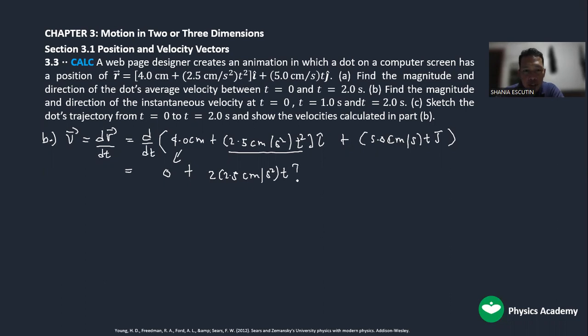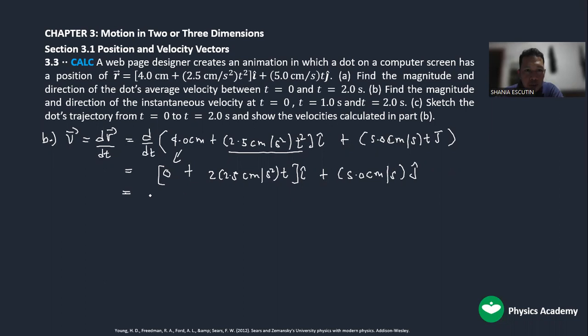We're not going to include the power 1, I just put it as t, i hat. Plus for the second, the derivative of t is just 1. So we have 5.0 centimeters per second, j hat.